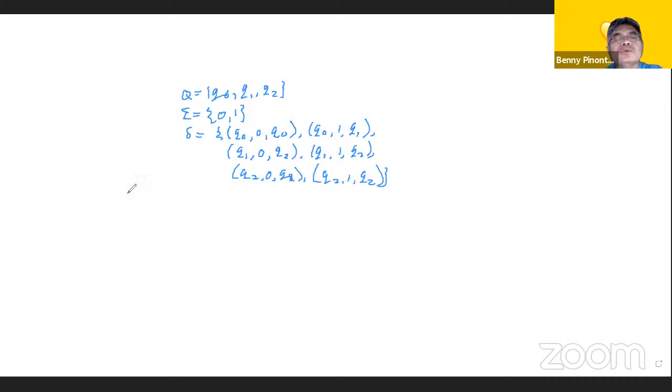And the initial is the same, Q0. And the final is now not Q2, but Q1.